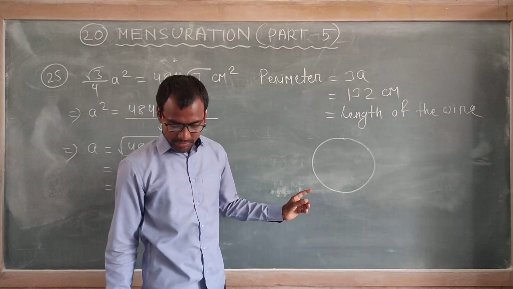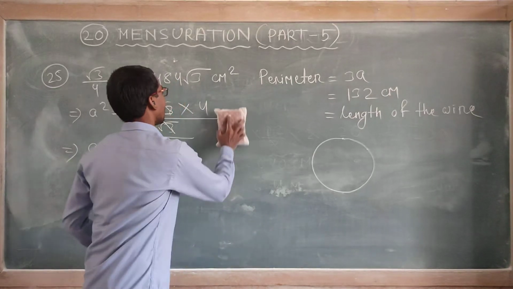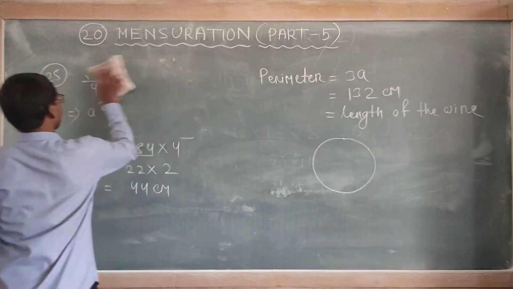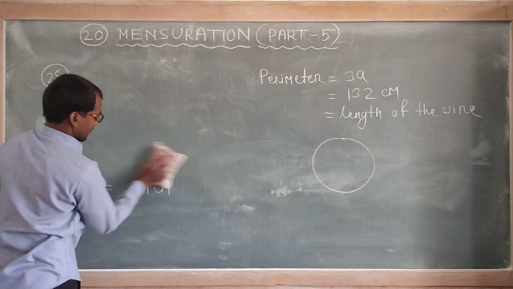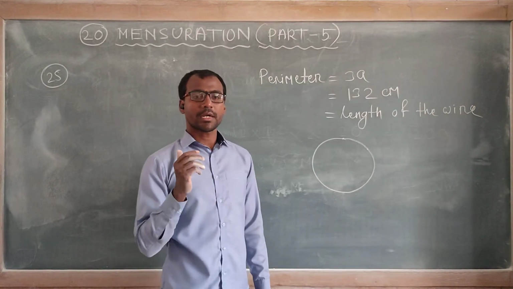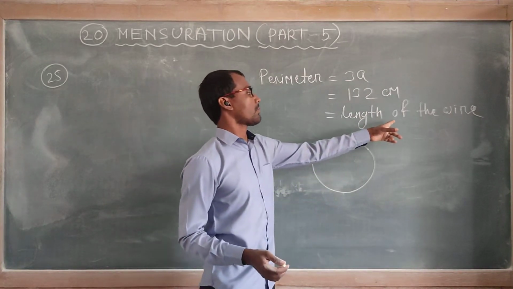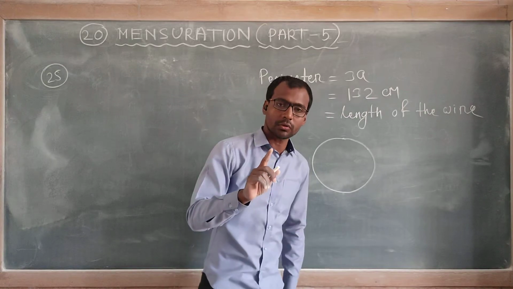Now what is its area? Now how to find the area? We need radius. Now how to get radius? We can get the area from radius, and we can get radius from the circumference. And what is circumference? The length of the wire. The length of the wire is not going to change.